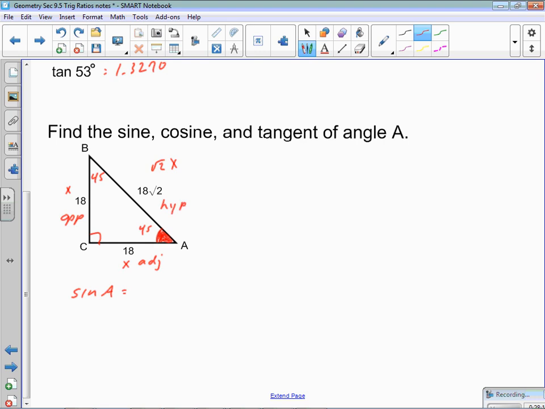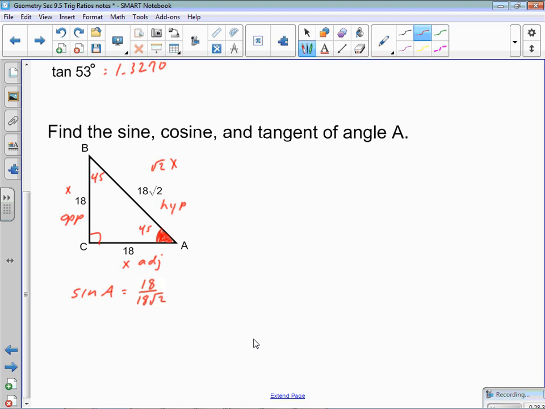So for sine, we're looking at the opposite over the hypotenuse, which is going to give us 18 over 18 square root of 2. Can we leave it like that? Now we got a radical in the denominator. We can't leave a radical in the denominator.